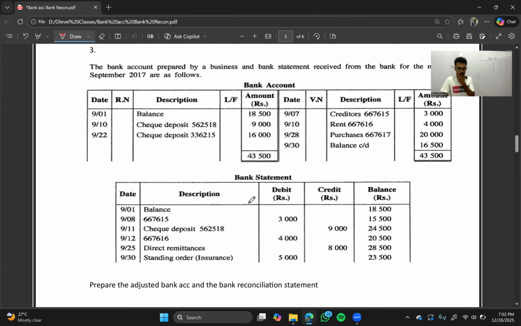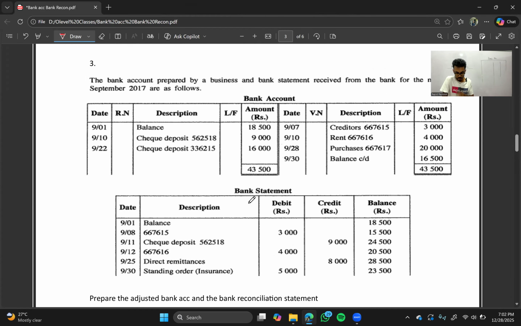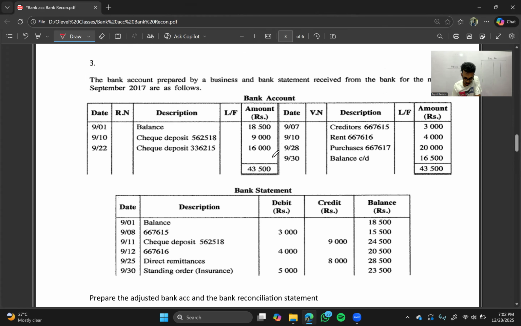So the bank account for business, and the bank statement received from the bank is given below. The balance 18,500. Check deposit 9,200. That is there. Check 518 is there. Check 615 is there, we will cross it.